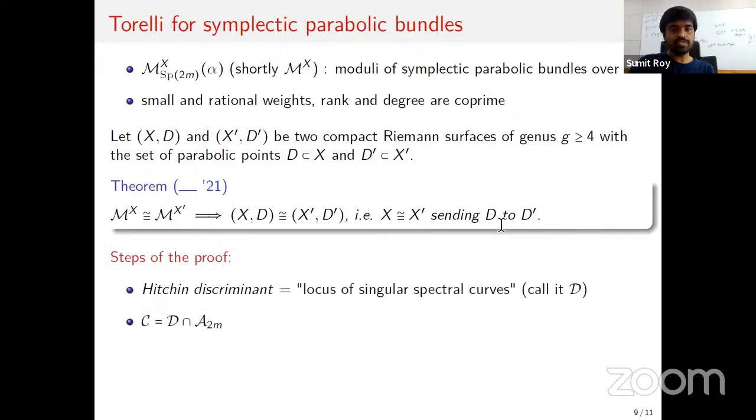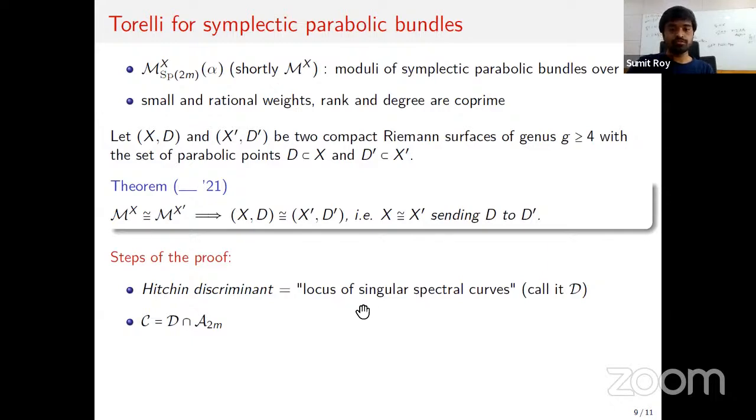So let me give the steps of the proof. Okay, so consider the Hitchin discriminant, which is the locus of singular spectral curves. Okay, so some spectral curves are singular, some non-singular. For a generic point, the spectral curve is non-singular, but there are some singular spectral curves too.